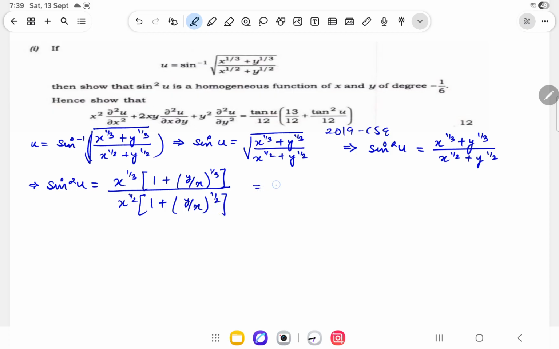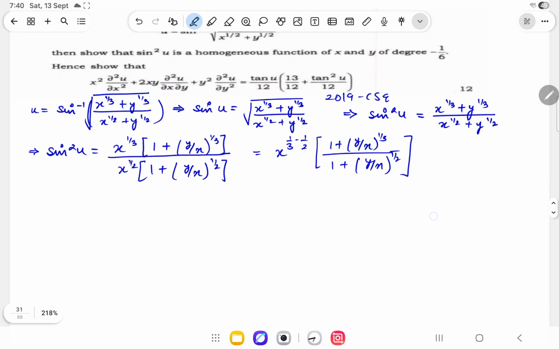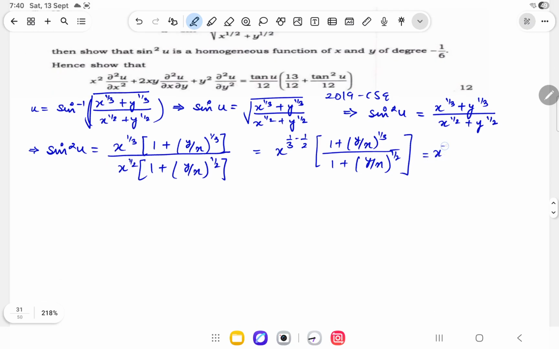So it will be equal to x raised 1 by 3 minus 1 by 2 into 1 plus (y by x) raised 1 by 3 divided by 1 plus (y by x) raised 1 by 2. So this thing is equal to x raised minus 1 by 6 times 1 plus (y by x) raised 1 by 3 divided by 1 plus (y by x) raised 1 by 2.